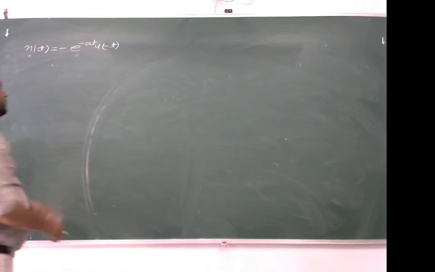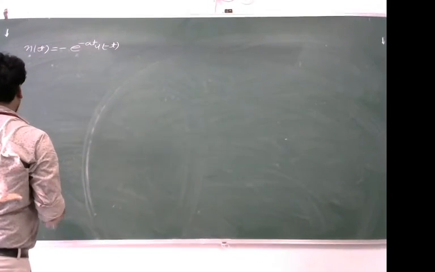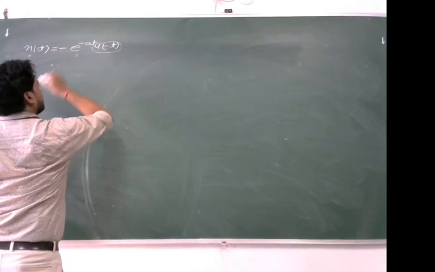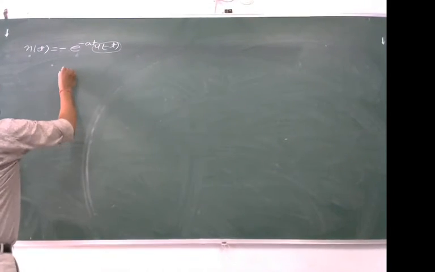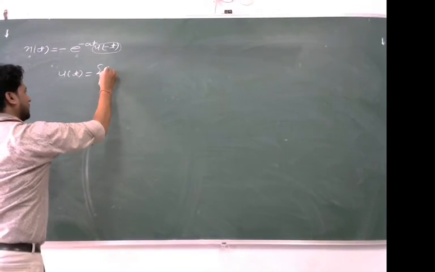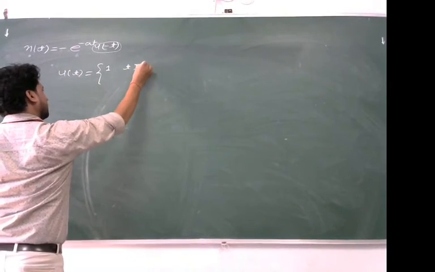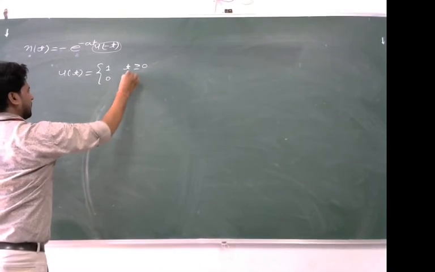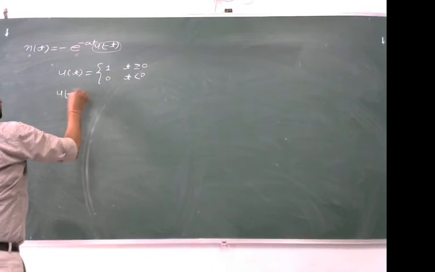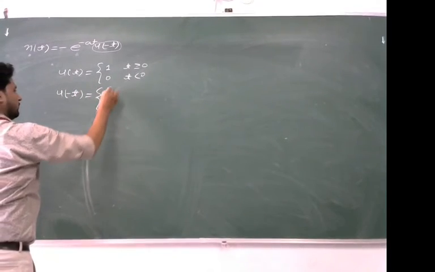And first we have to define this function u of minus t, because u of t is equal to 1 when t is greater than or equal to 0, and this will be 0 when t is less than 0. Then u of minus t will be equal to 1.